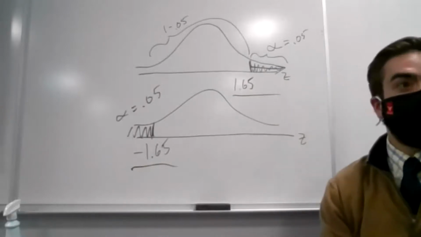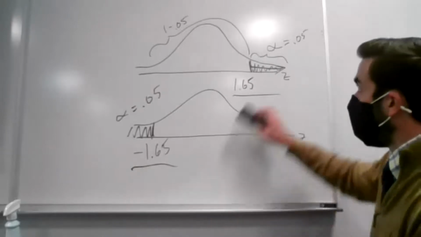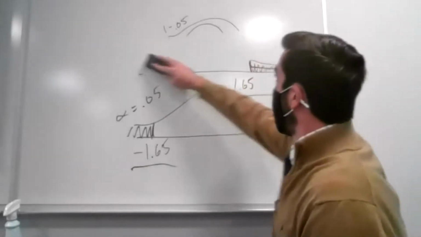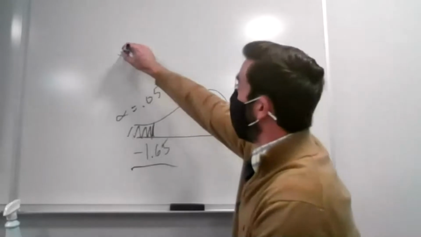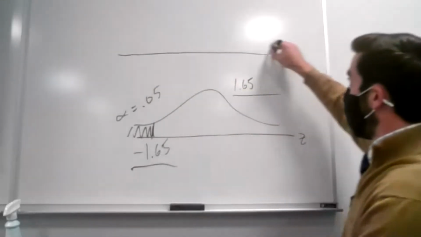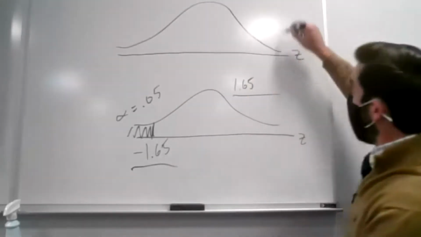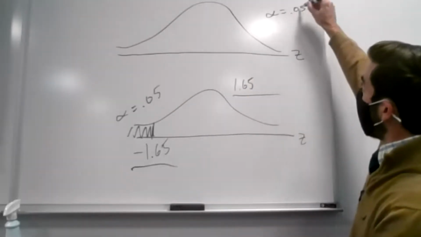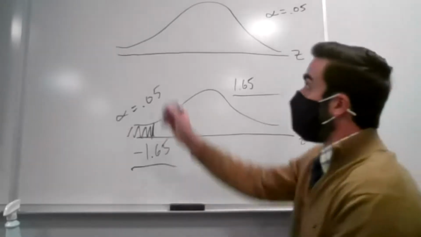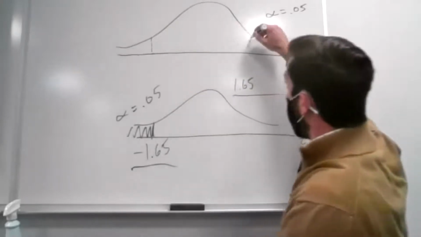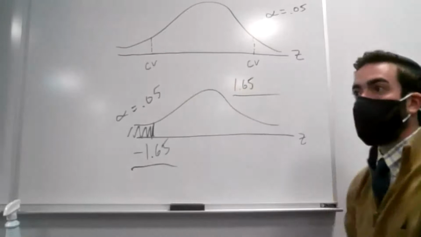What about for a two-tailed test? It's going to be a little bit different, right? So for a two-tailed test, I'll leave this down here just in case someone's still looking at it. Now, when I think about alpha, let's say I still want my significance level to be that 5%. With a two-tailed test, I actually am going to have not one critical value, but two critical values, right?